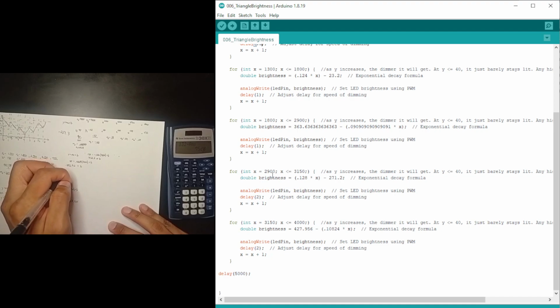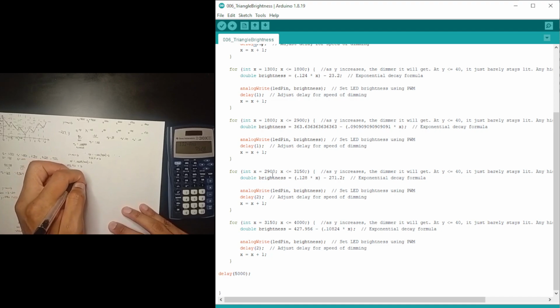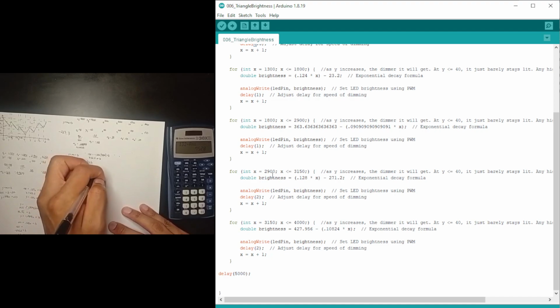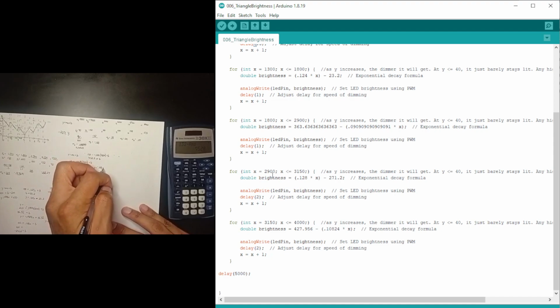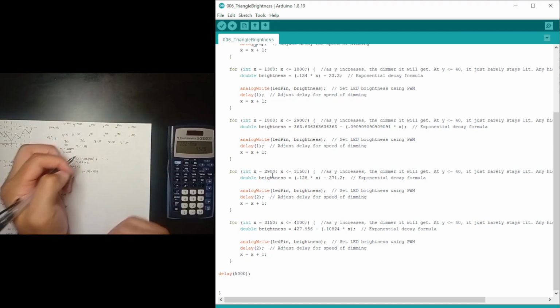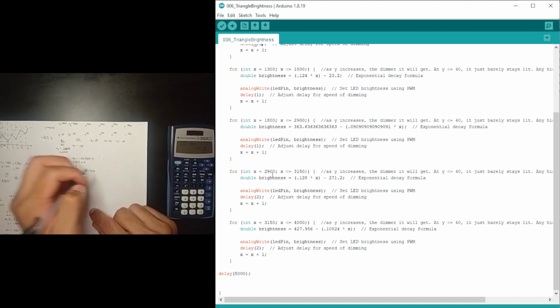I should rewrite this. Y equals 0.10823 minus 392.92. Y equals minus 0.128 plus 752.8. Ooh, I'm running out of real estate.